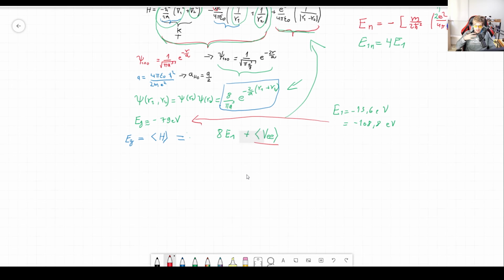So of course, let's now dive into it. Let's calculate this beast. The expectation value of the interaction. Well, what is it going to be? Our wave function is going to be squared, and we know that this right here is the wave function. So outside of the integral, we'll have 8 over pi a cubed, and all of this will be squared.